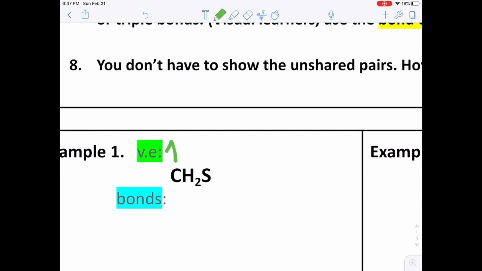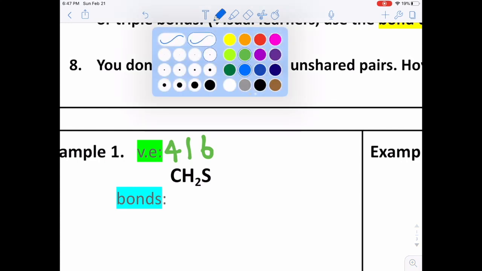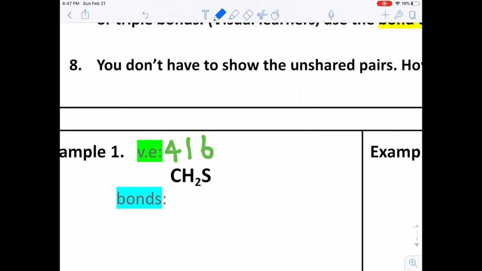Carbon was 4, hydrogen was 1, and sulfur was 6. Now the number of bonds I can do by subtracting 8 minus the group number. So for carbon, 8 minus 4 means carbon needs 4 bonds. Hydrogen's the exception. It always needs 1 bond. And sulfur, 8 minus 6, it needs 2 bonds. So somehow I need to make these atoms all get the bonds that they need together so that they're all stable.